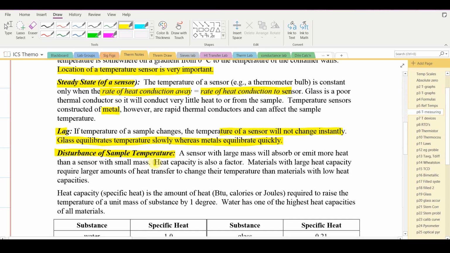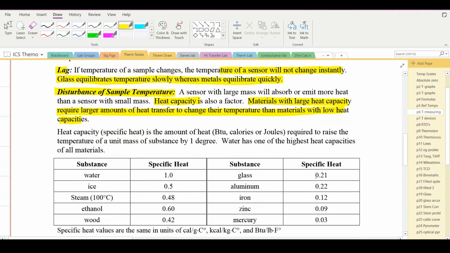Now, heat capacity is also a factor. Materials with large heat capacity require more heat to change their temperature than materials with low heat capacities. Heat capacity, also called specific heat, is the amount of heat in BTUs or calories or joules required to raise the temperature of a unit mass of substance by 1 degree.